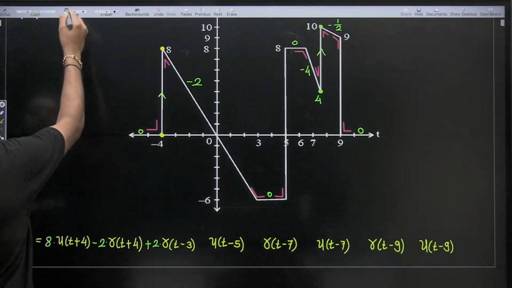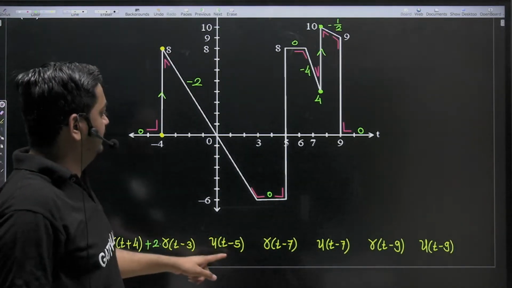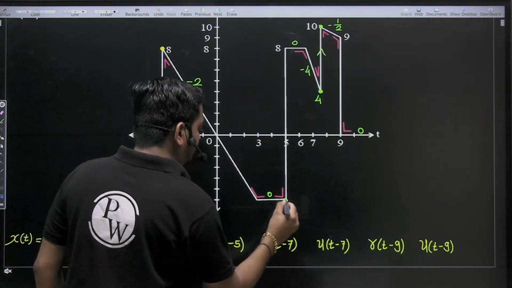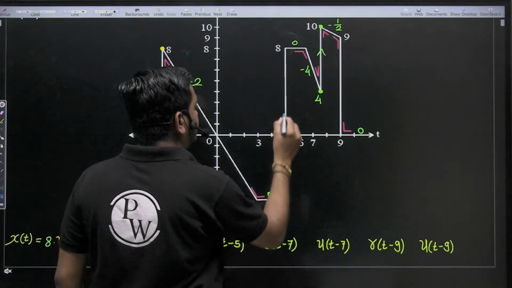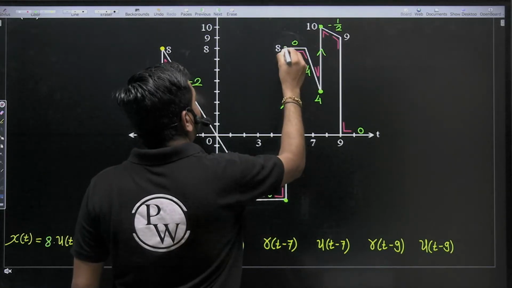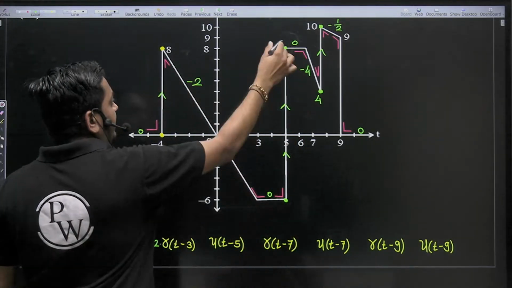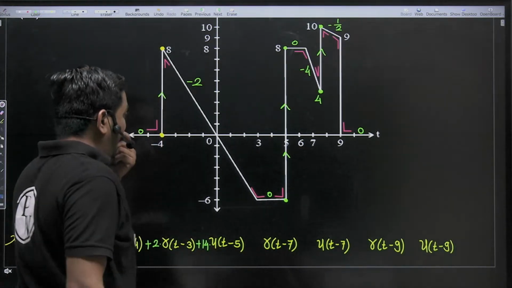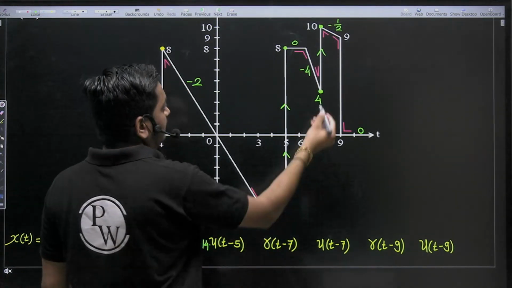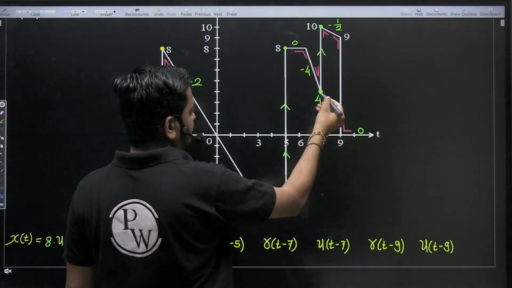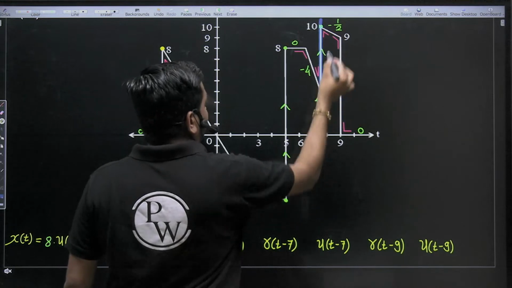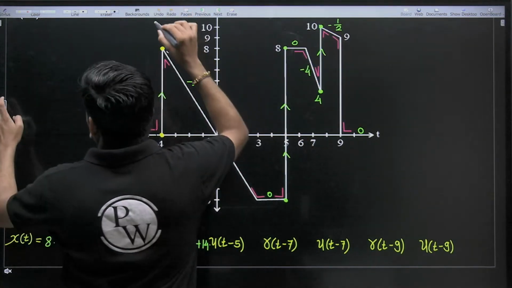Now here at t equal to minus 5, only a sudden change in amplitude, from minus 6 to 8, so next amplitude minus previous amplitude, 8 minus of minus 6, so here it is plus 14. Now here a linear change and a sudden change both, so next slope minus previous slope. What is the next slope?